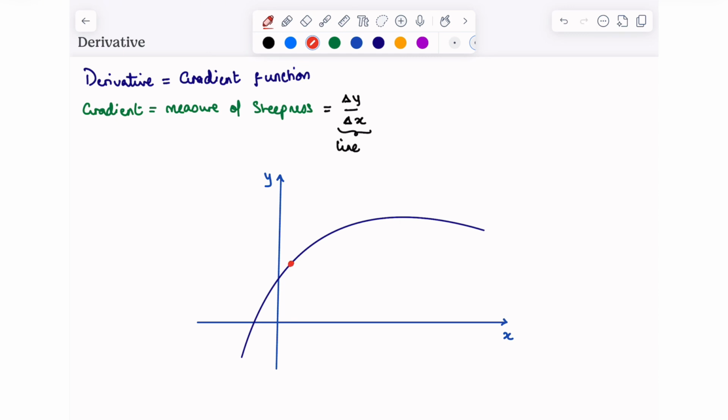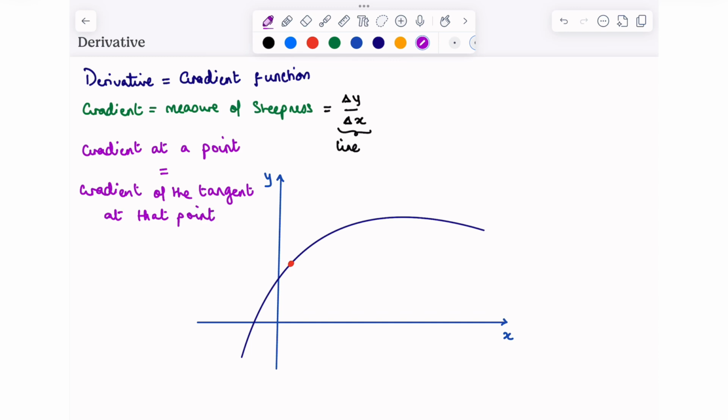Now the key intuition here is that the gradient at any point on a line is the same as the gradient of the tangent at that point. Now what is the tangent? Well, the tangent is just a line, like this, that touches only the point.